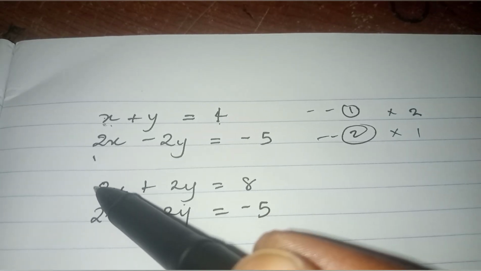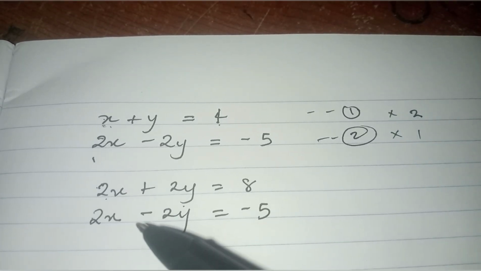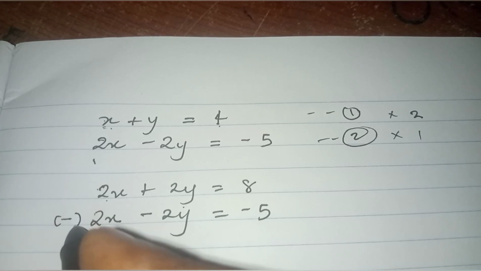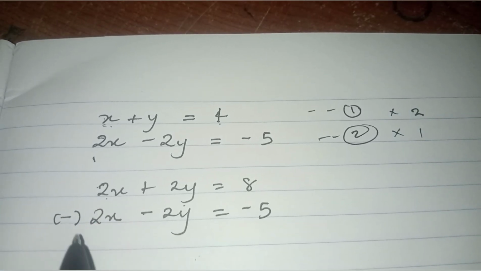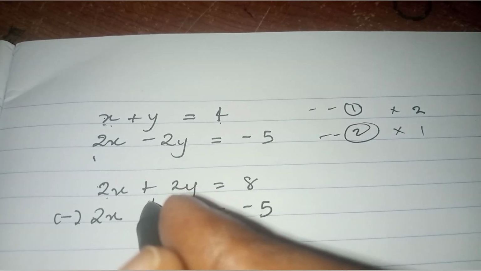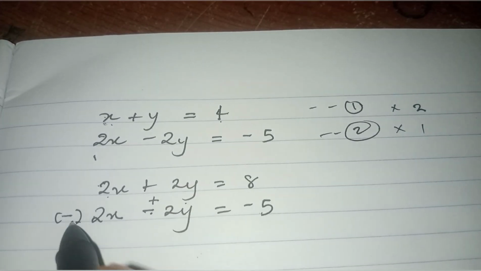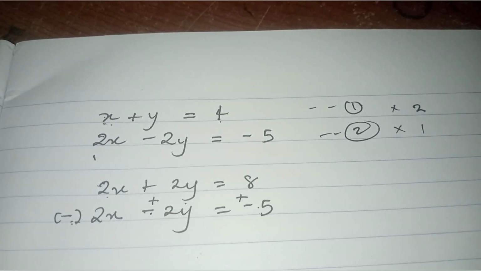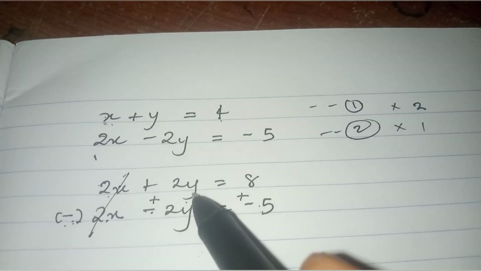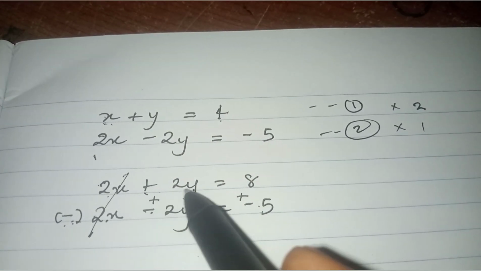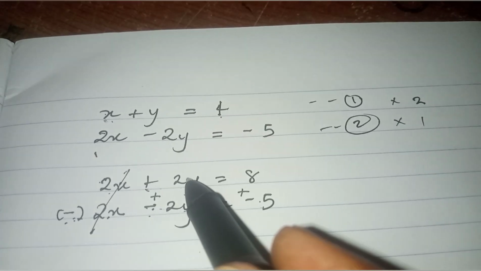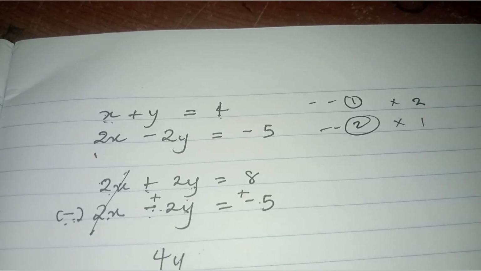Now, you notice the signs here are both positive, so I will put minus here. This minus will multiply throughout the equation. So 2x minus 2x is 0. Then 2y becomes plus 2y, so 2y plus 2y is 4y.